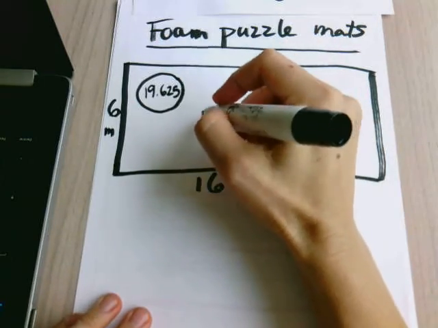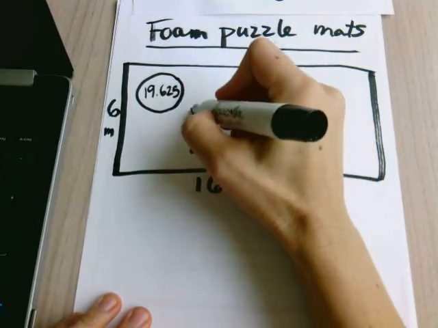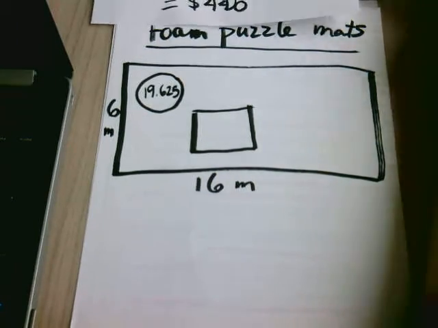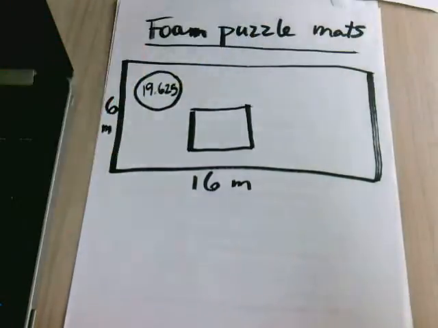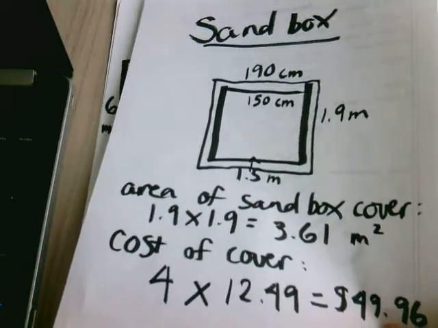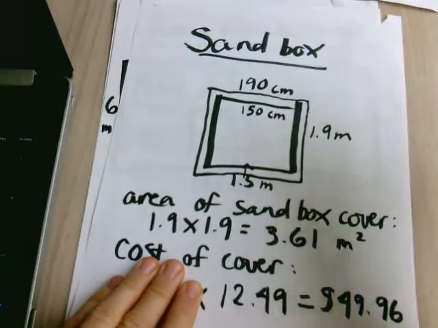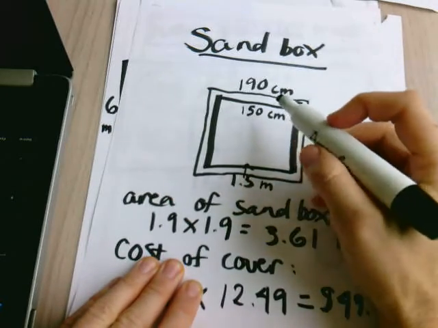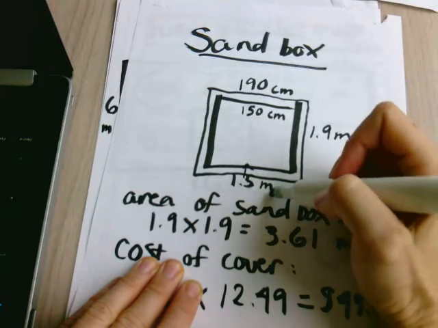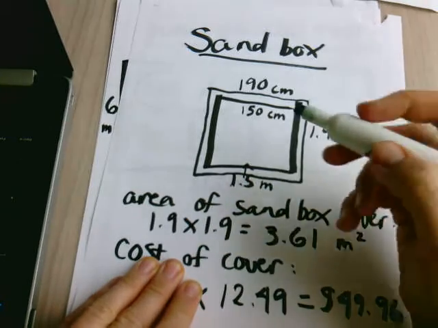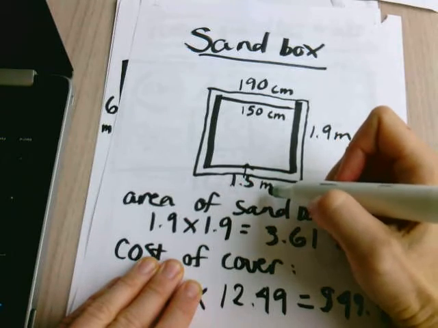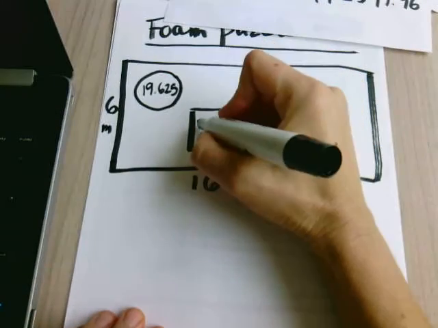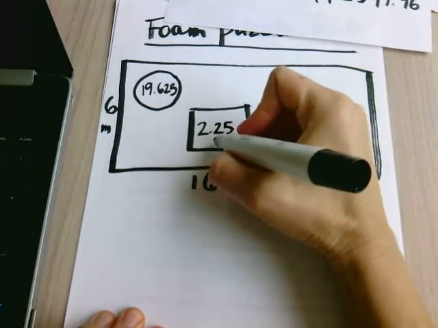And the sandbox, now I'm not going to use the area of the cover because we would think that the foam mats would go up all the way to the edge of the sandbox. So I'm just going to use the 1.5 meters for the sandbox. So that tells us that the area of the sandbox is 1.5 times 1.5. And that gives us 2.25 square meters.